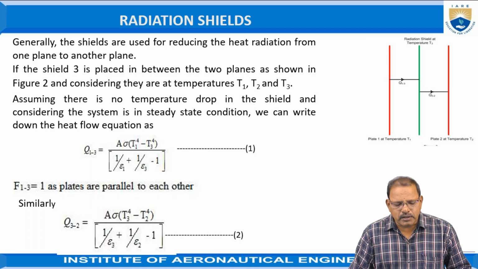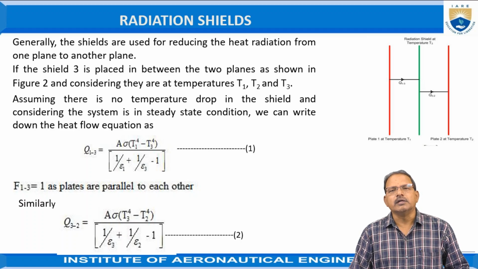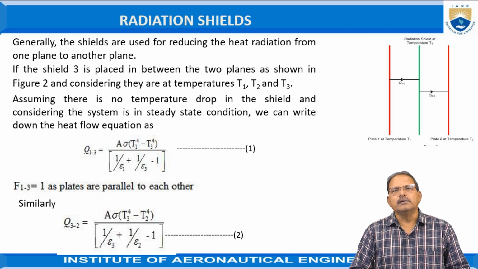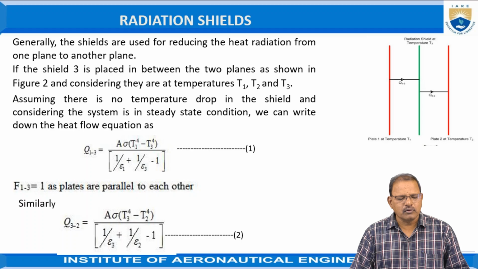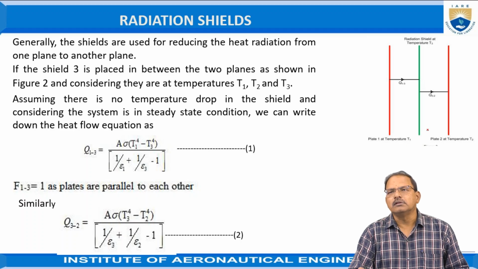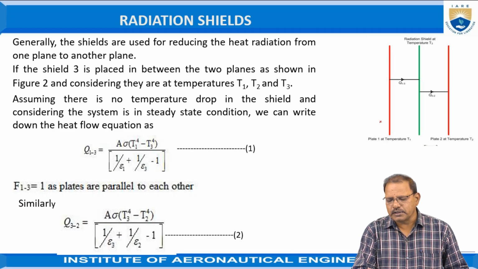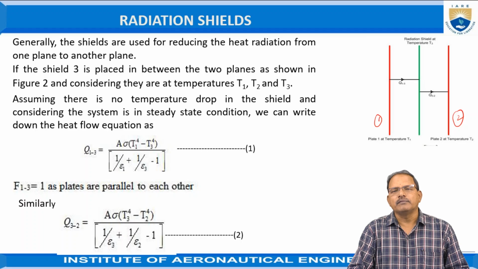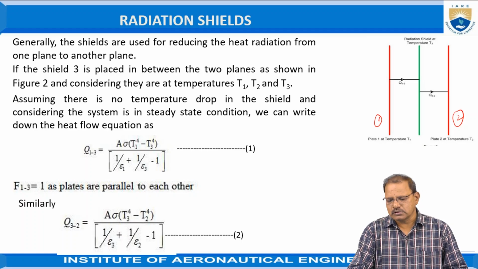Okay, another important relation, radiation shields. Generally, shields are used to reduce the heat radiation from one plane to another plane. Here, take this, three planes are there now, of which 1 and 2 are represented here. The heat energy is flowing from surface 1 to 2 because of the temperature difference.